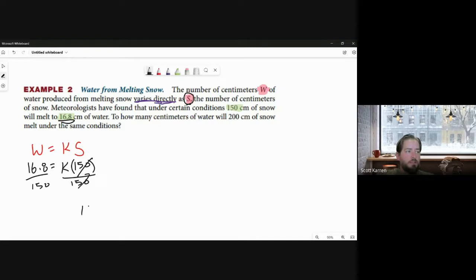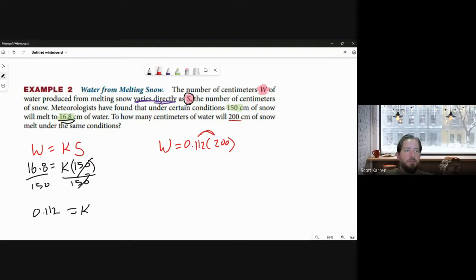Cancels out on the left hand, leaving me K, and then that divides down to 0.112. So I know K. And then they come in and ask the question, how many centimeters of water, so how much water am I going to get, will 200 centimeters of snow melt to? Well, that is 200 centimeters of snow. I know my K is 0.112. And so I just multiply these two together, right?